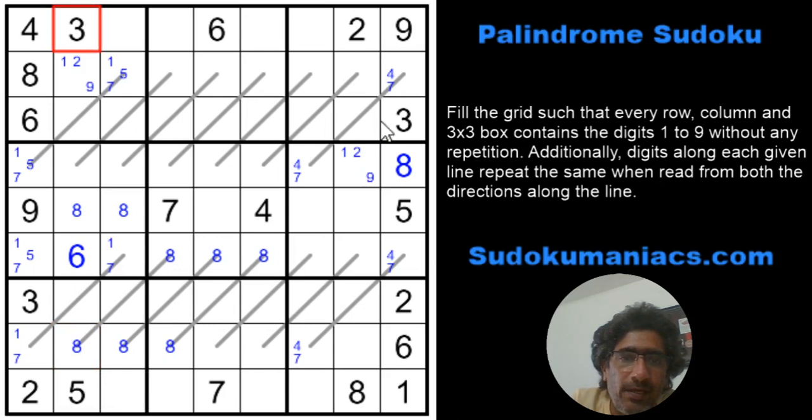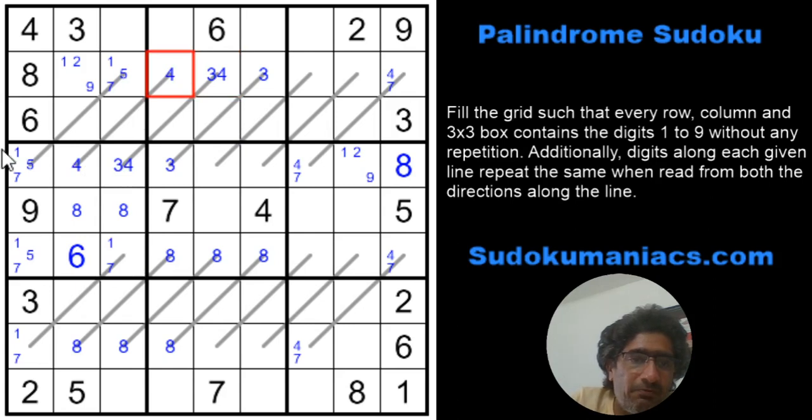Now 3, 3. So 3 has to be in these 3, which makes these as 3. But we have a 3 here, so this 3 can be eliminated. Now 4 cannot be in these 2, so 4 is here, 4 is here, which makes this a 4 and this a 4, correct?